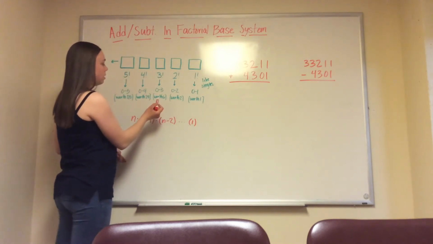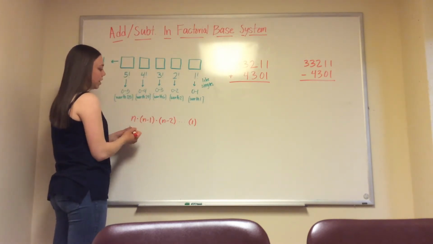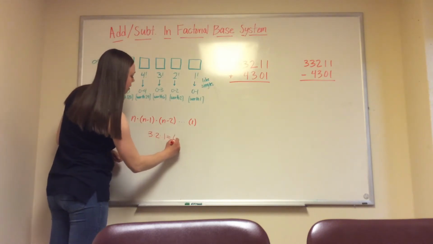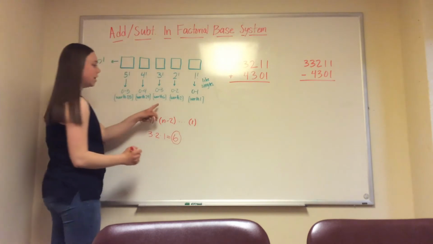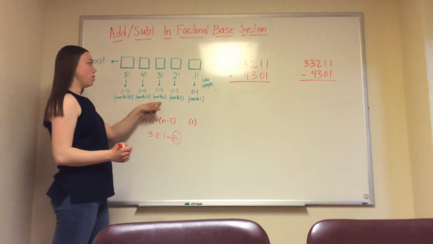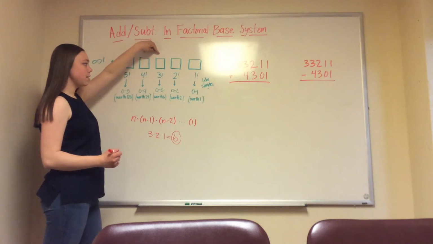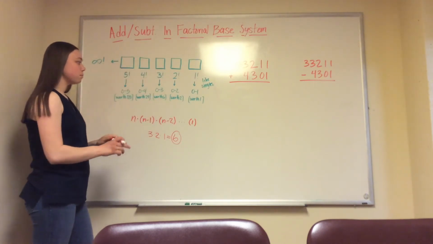So for factorial 3, we did 3 times 2 times 1, and that gave us a value of 6. And that's why the value of this 3 factorial place is going to be 6.